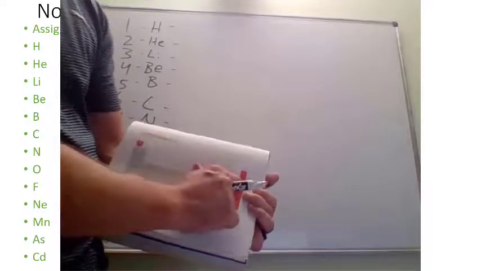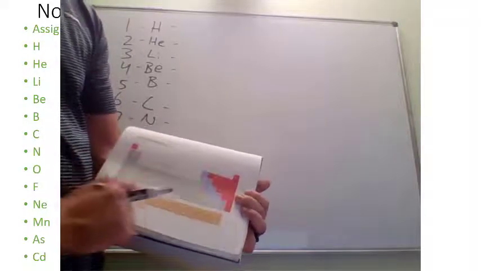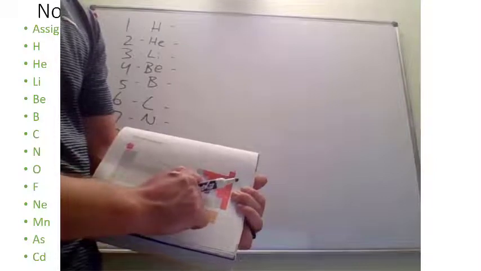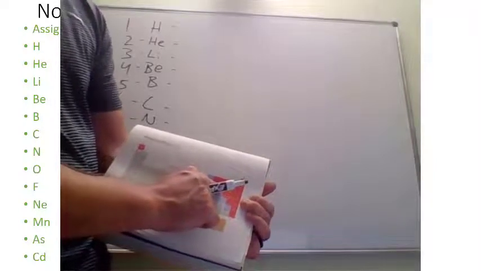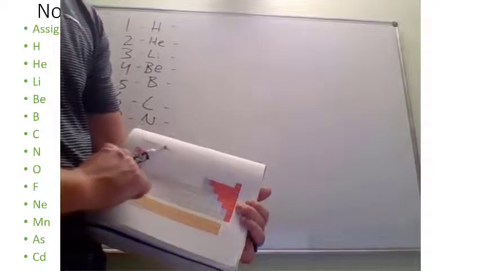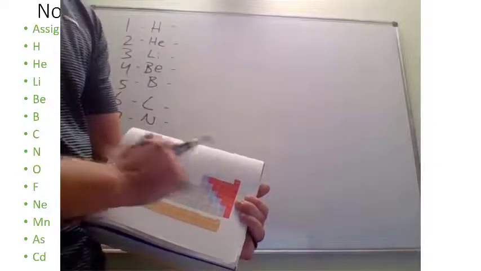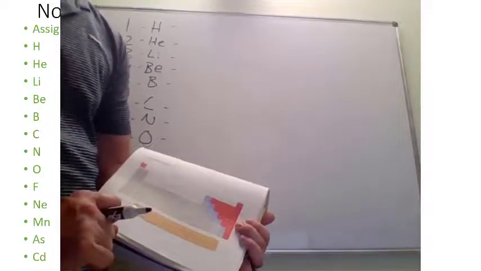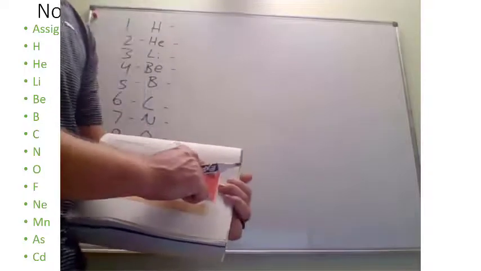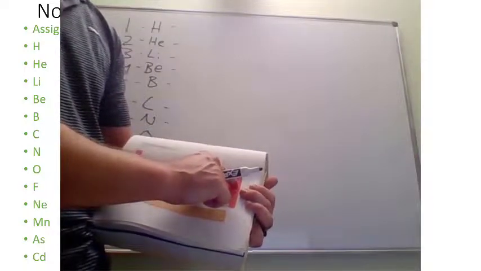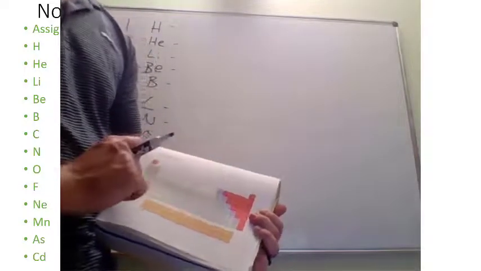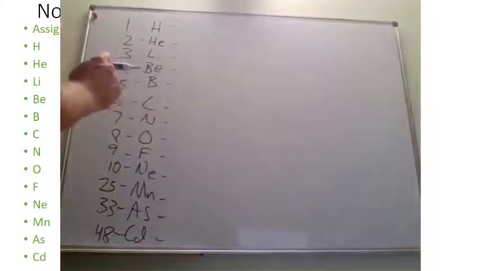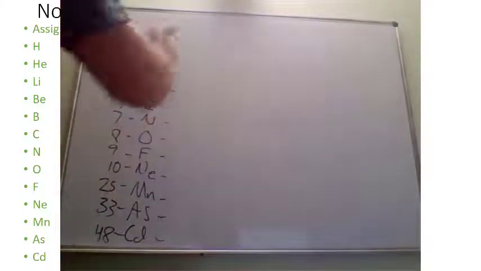So number 10 is neon. Or if I'm talking about phosphorus, P, I go to the previous noble gas, which again would be neon. And so what you do is you put in brackets what the previous noble gas is, and then you just start counting from there.